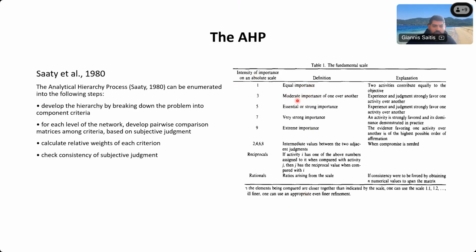If the first criterion compared to the second, and this is important to how you read this comparison, is moderately more important, then it gets the value 3. And you see how it goes. If you are not sure and you are somewhere in between these characterizations, then you can put the numbers 2, 4, 6, and 8.